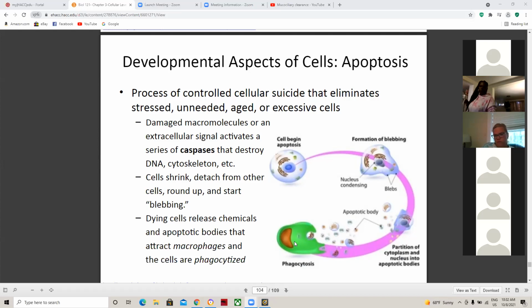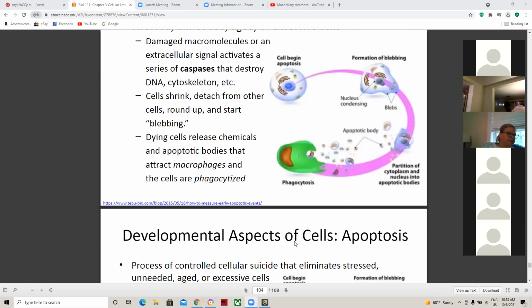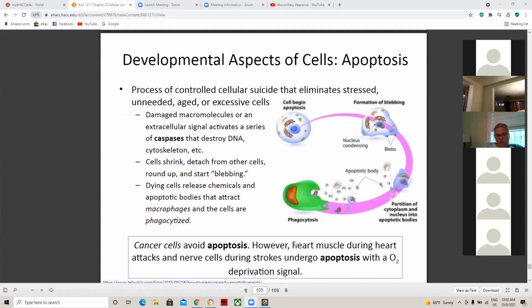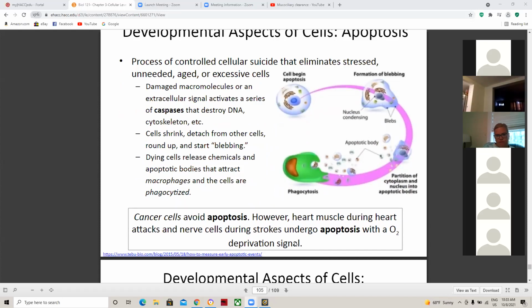Sometimes we need to get rid of cells when they're worn out, unneeded, or in excessive numbers. Cancer cells can avoid apoptosis. They're acting strange, but they don't die because they avoid looking strange.